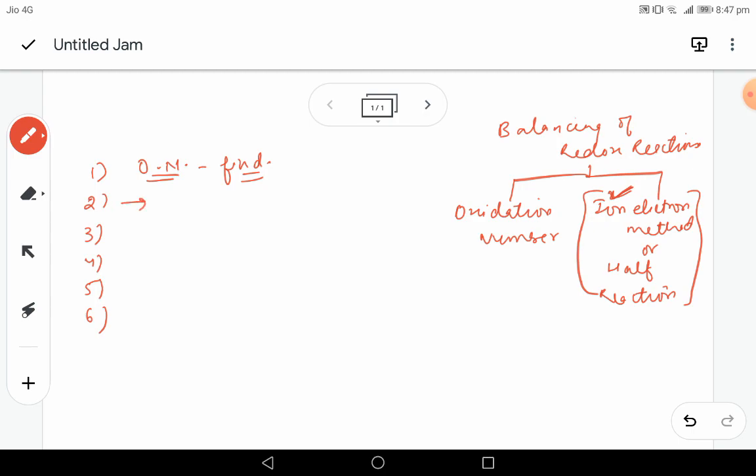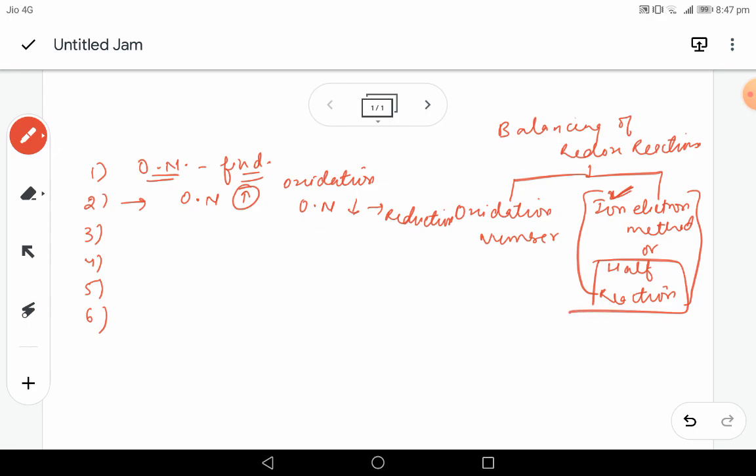In the second step, we will see which atom is undergoing an increase in oxidation number. That will be called oxidation. Then we have to see which atom or element is undergoing a decrease in oxidation number. That will tell us about the reduction. Now, why do we call it a half reaction?